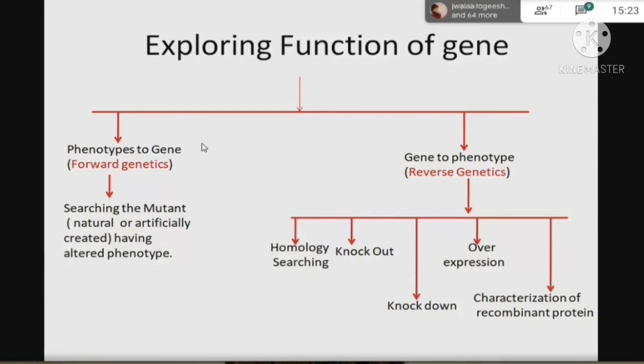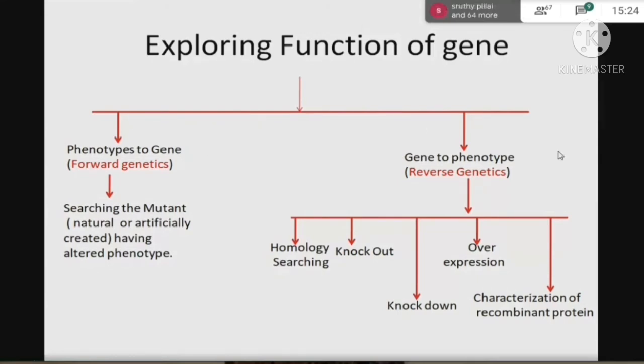And sometimes we know the gene, but we don't know its role. If we go from phenotype to the gene, we call it forward genetics. For example, we know that this person is intelligent, so some genes are extra in that person, but we don't know which genes. So from phenotype, if we wish to find the responsible gene, we call it forward genetics.